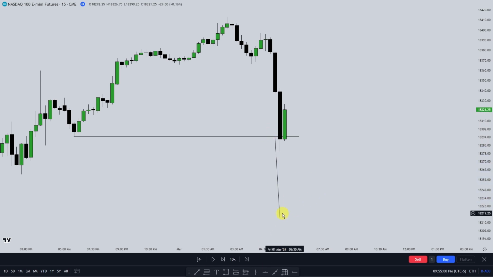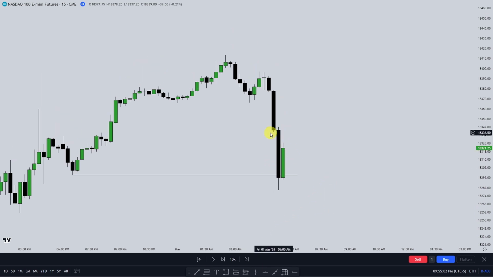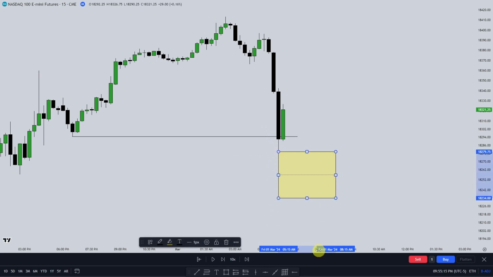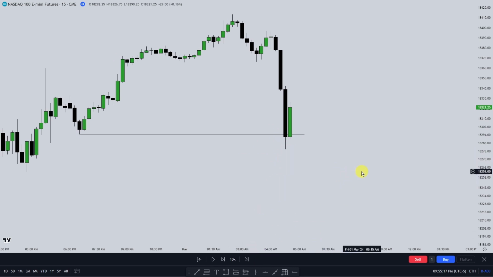It didn't displace down. Yes, it did create a fair value gap up here, but if there was more displacement down and it created a fair value gap right here as it displaced down, then that would definitely be a market structure shift.